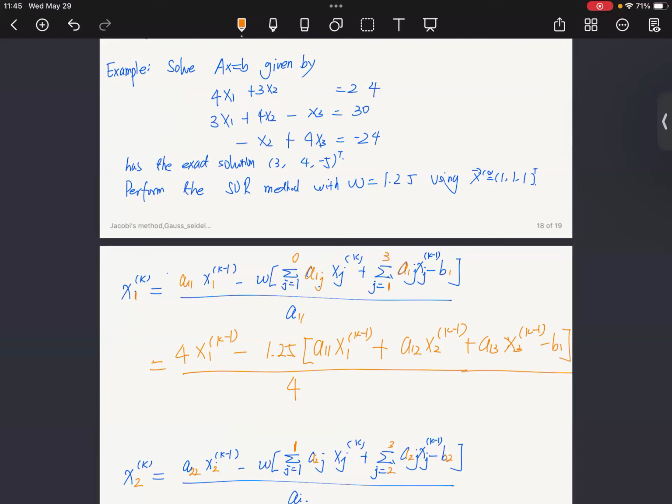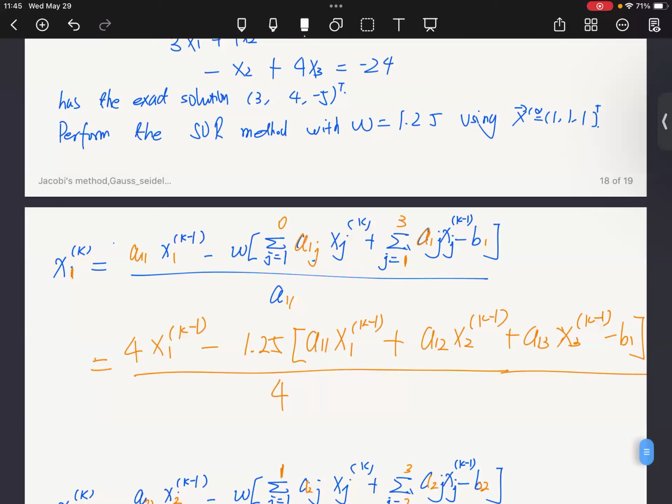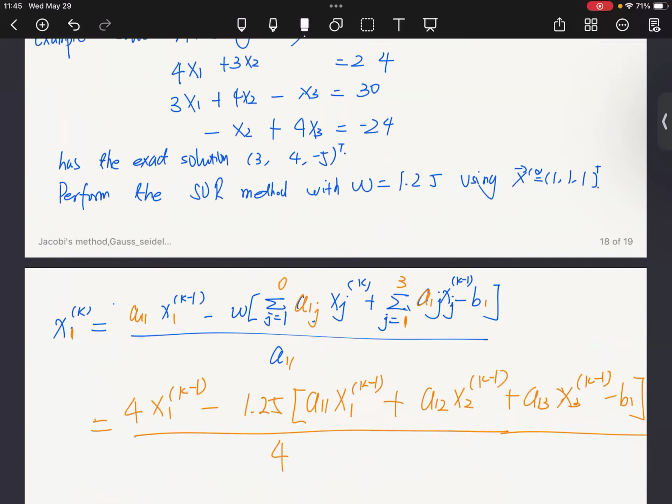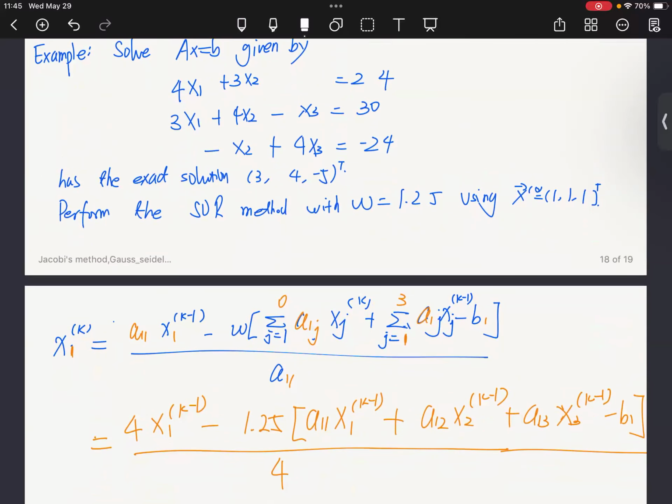I'm going to replace all the values here. Maybe you already get sleepy, and then when you wake up you see all the numbers change and you don't know where they are from. I know this is a mathematics class. So now what is A11? A11 equals 4 and A12 is just this expression, 3.